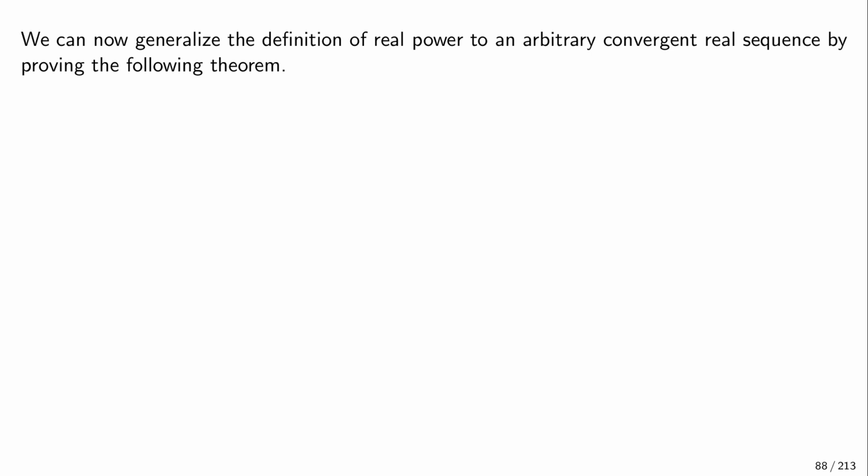In this case, we will see that it's consistent with the previous definition because we can view sequences of rational numbers as sequences of real numbers that happen to be rational, right? So let's see the following theorem.